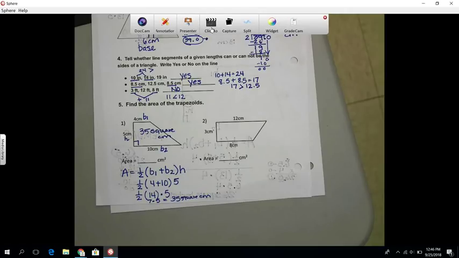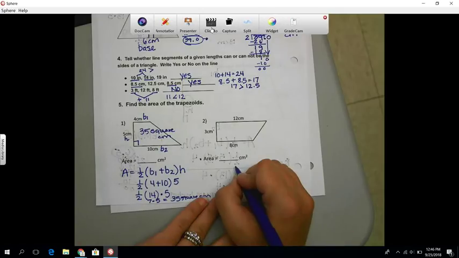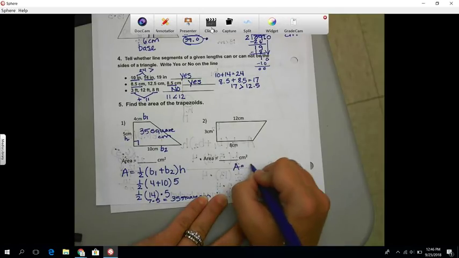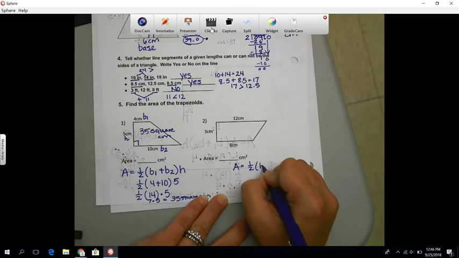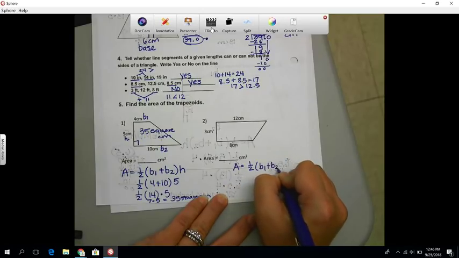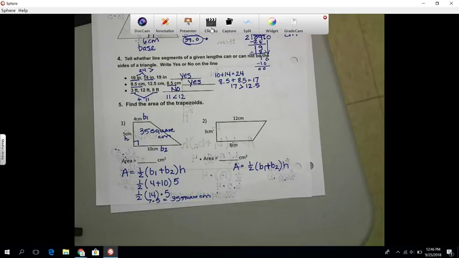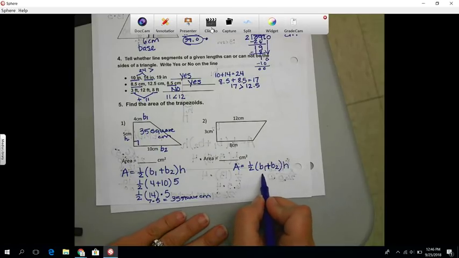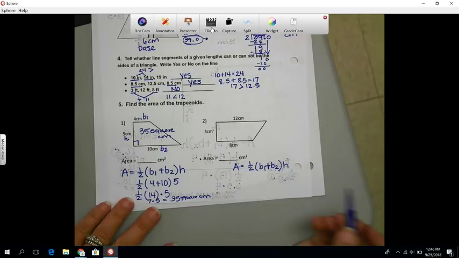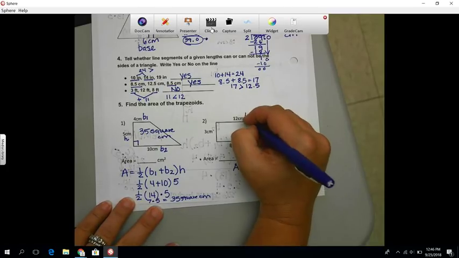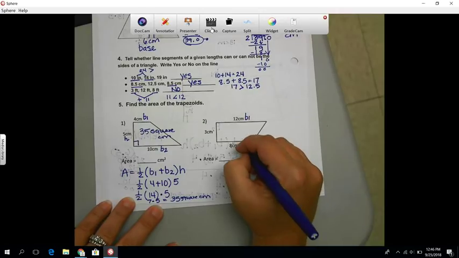All right, we have another trapezoid, so I'm going to rewrite my formula every single time so that I can make sure I know the formula that I'm supposed to use for that shape. So we're doing area of a trapezoid. Area is 1/2 parentheses base 1 plus base 2 times your height. Again, our parallel lines are the 12 and the 8.